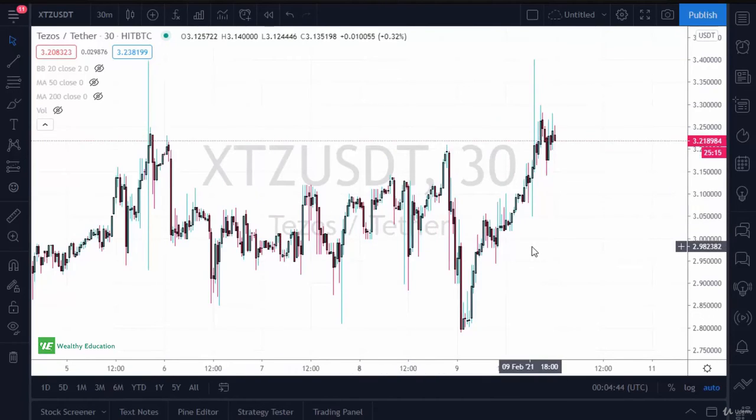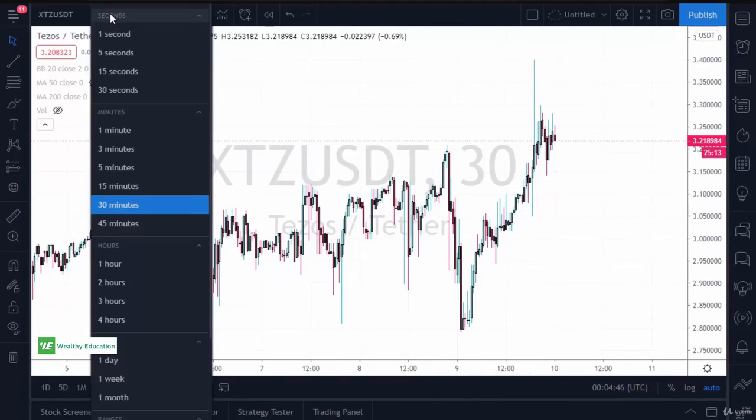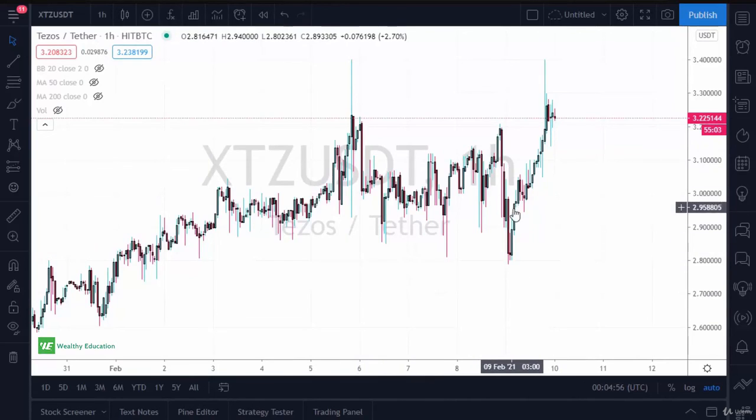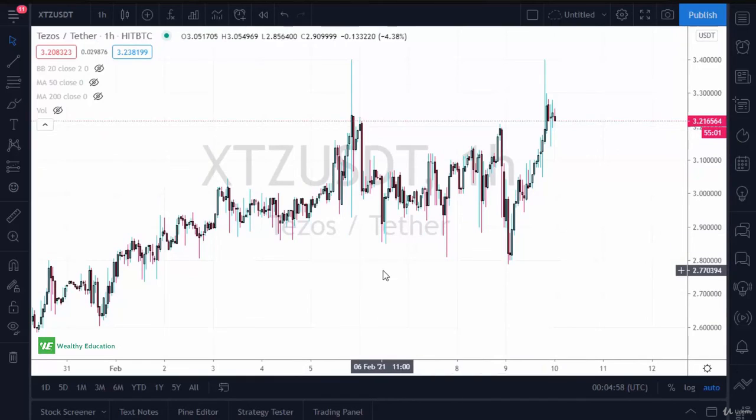Now, having said that, this is not a marketplace that's very easy to trade short term because it does chop around so much. So make sure you keep in mind what's its average move like? Something like Bitcoin's a little easier to trade because it may move $1,000 in an hour.